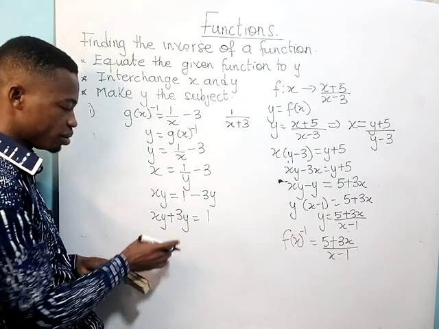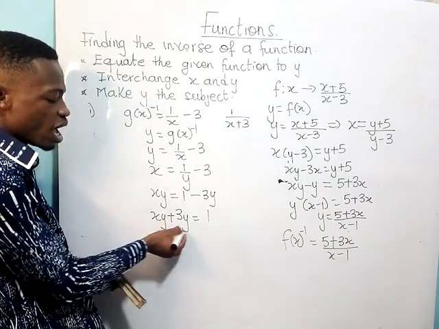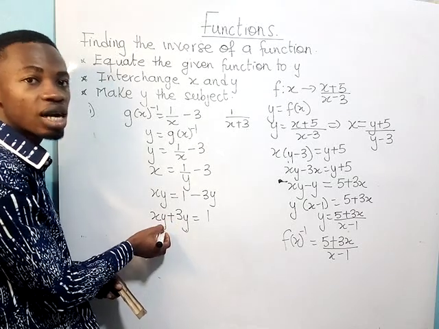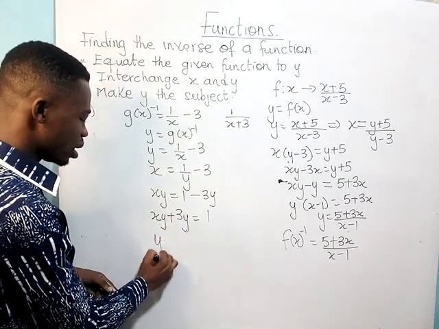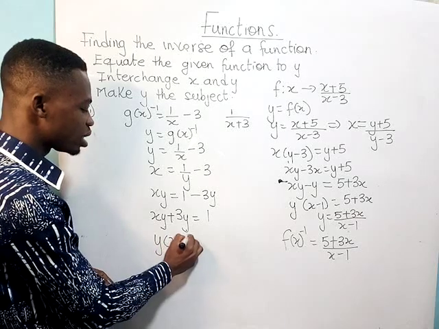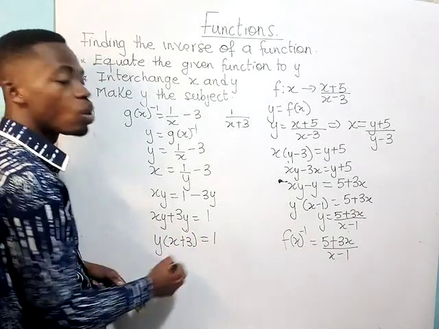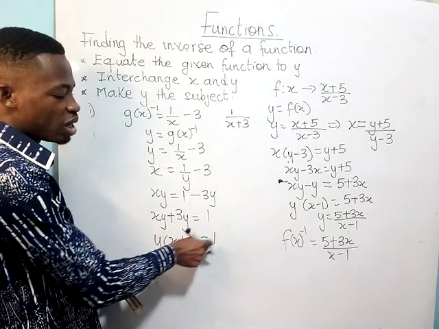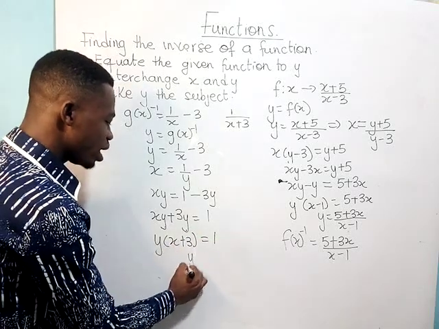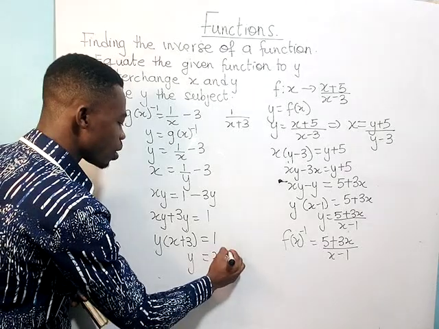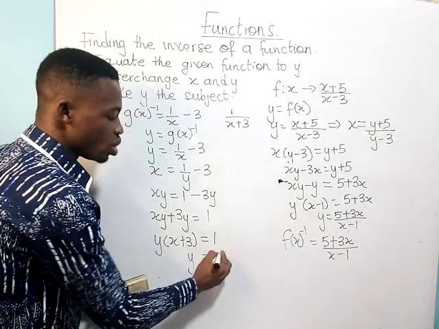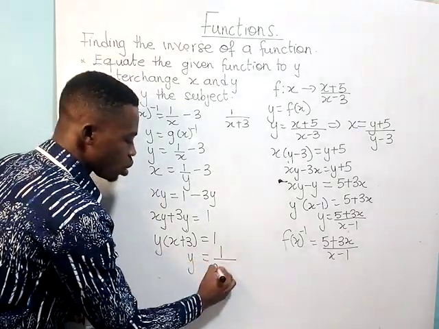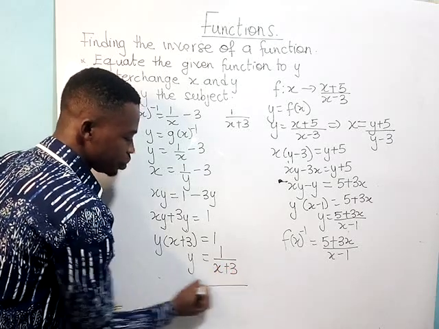Are we together? Since y appears in two different terms, we factorize. So our y into bracket x plus 3 is equal to 1. We want to make y the subject. So x plus 3 will divide. So y is equal to 1 on x plus 3.